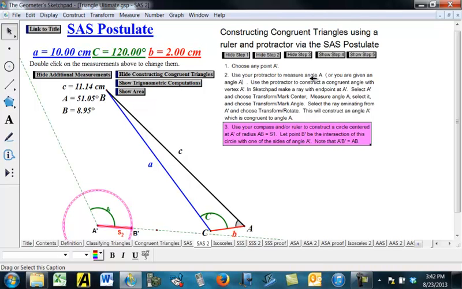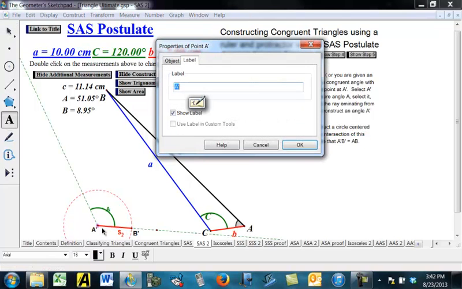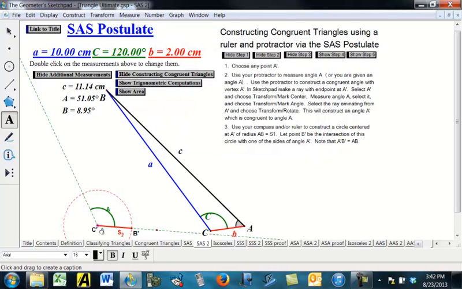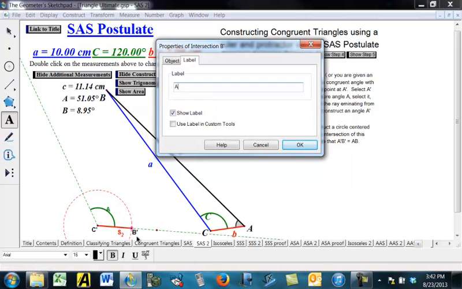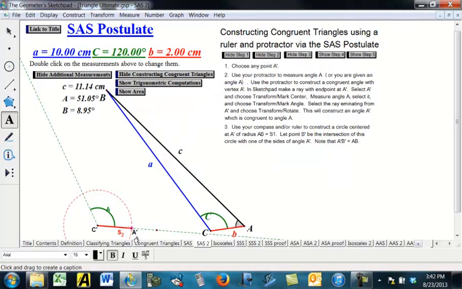I want to relabel these things here. Let's relabel this C prime. And this one A prime. Okay. So that's point C prime.